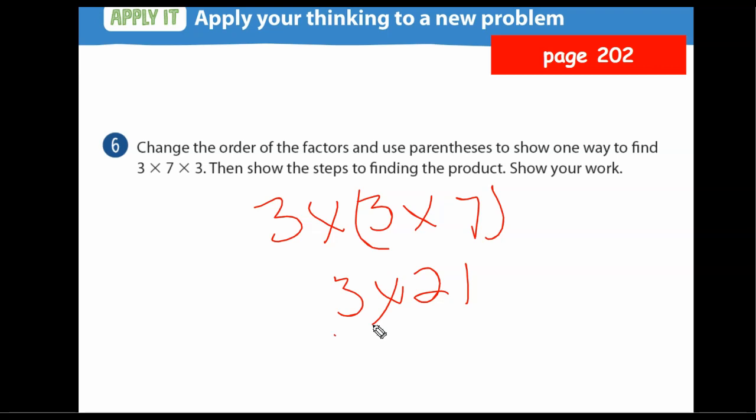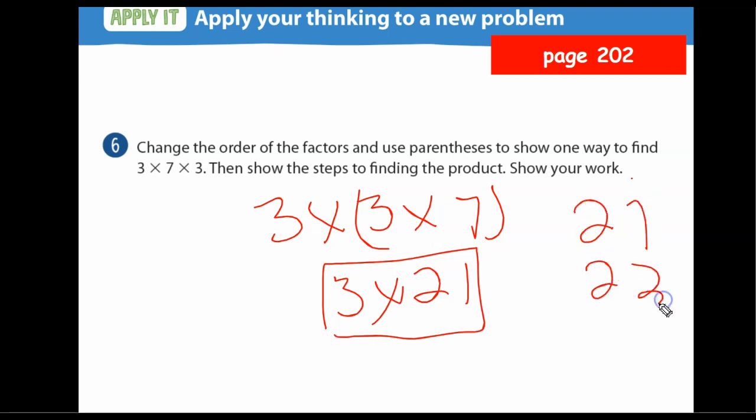But if I didn't know what 3 times 21 is, when I multiply by 3s, it's just adding the other number 3 times, right? So can I just go 21 plus 21 plus 21? 2, 4, 6. 63.